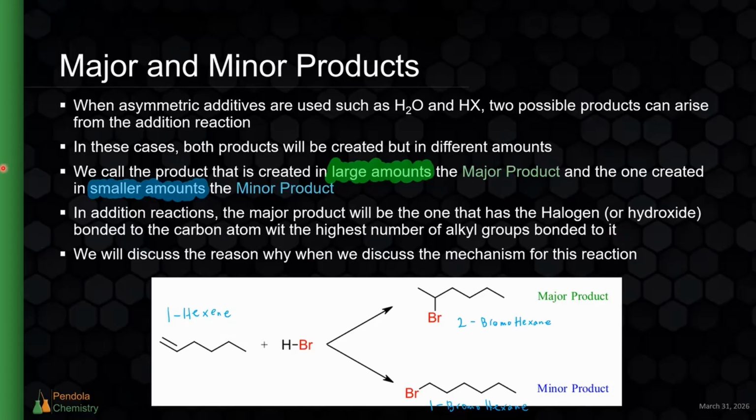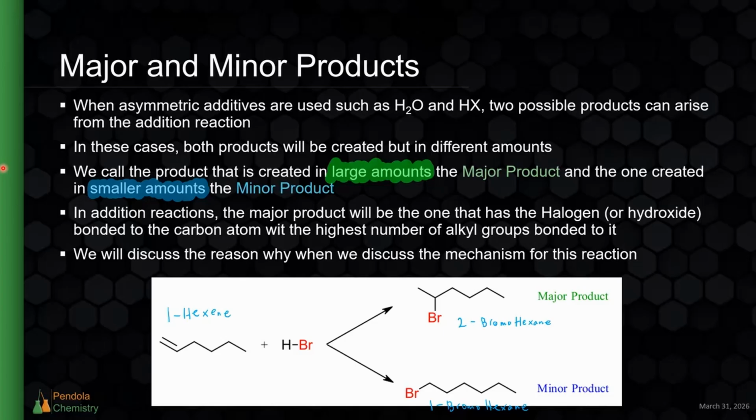So essentially, it all depends on what our additive is going to be added to. So again, the major product is going to be the one with the halogen or hydroxide, depending on which one we're doing, bonded to the carbon atom with the highest number of alkyl groups.